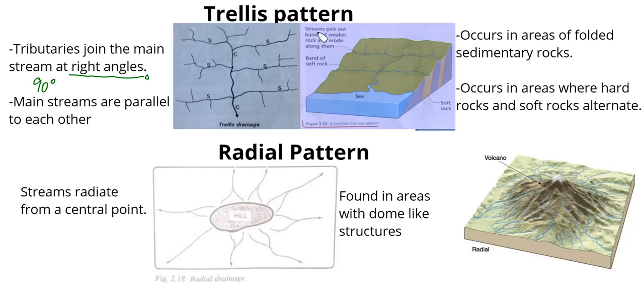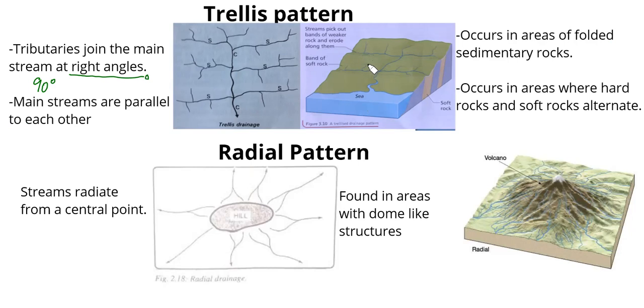Where do we find these streams? Streams pick out bands of weaker rocks and erode along them. With time, like water, they try to find the weakest point where it can crack and move, and use that as their route to the sea. Whenever they find a weak point, a crack in the rocks, they use that.